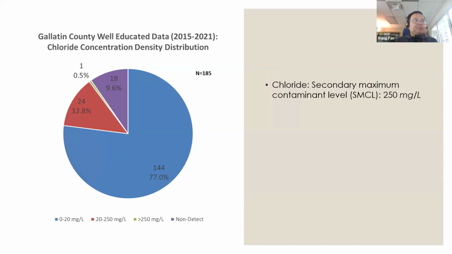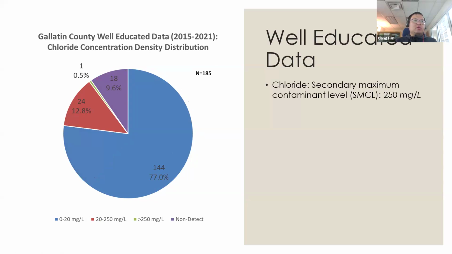And next slide, please. And similarly, this is data from the chloride concentration density distribution. 144 of the 185 wells sit between 0 to 20 milligrams per liter, and 12.8% sit between 20 to 250 milligrams per liter, and only 1 well exceeded the 250 EPA secondary maximum contaminant level, and in 18 wells we didn't detect any chloride in it.